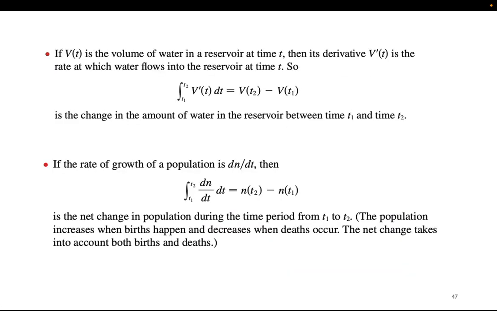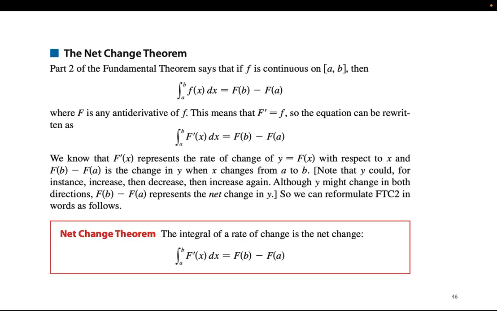But it's phrased as a way to solve some application problems. The top part here is exactly FTC part 2, but instead of writing f, you write F prime of x, because if big F is an antiderivative, then when you differentiate big F, you get little f. So rewriting this as big F prime gives you the same thing, just doing a substitution.